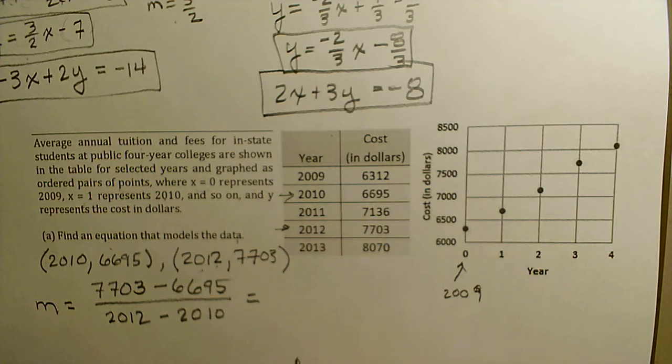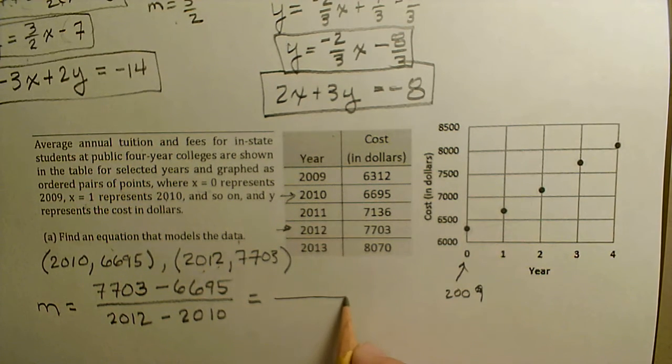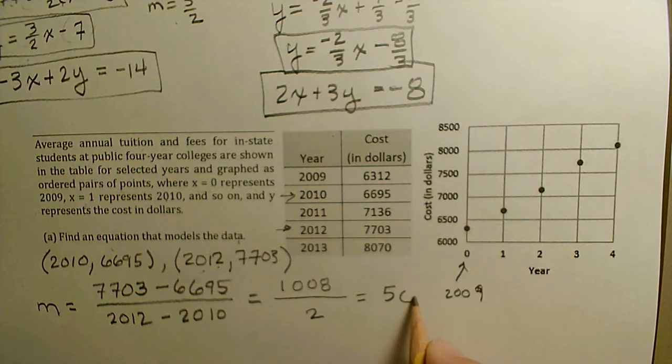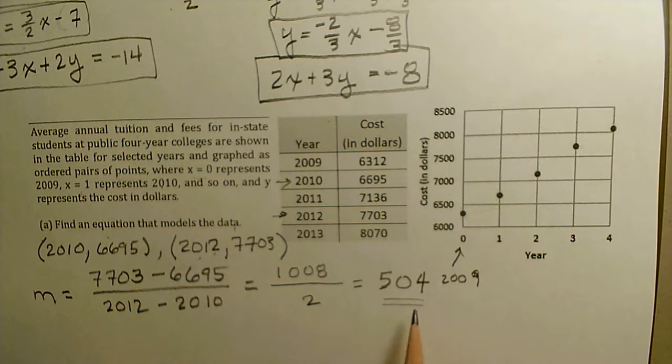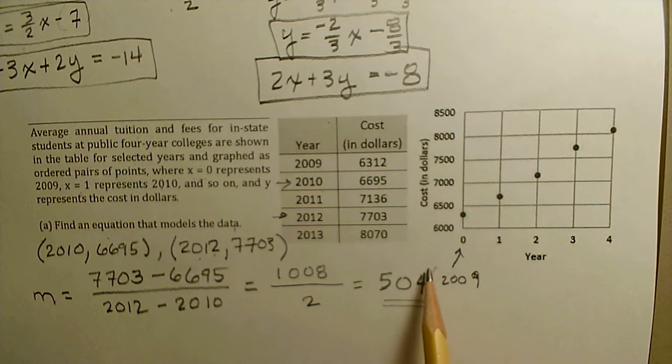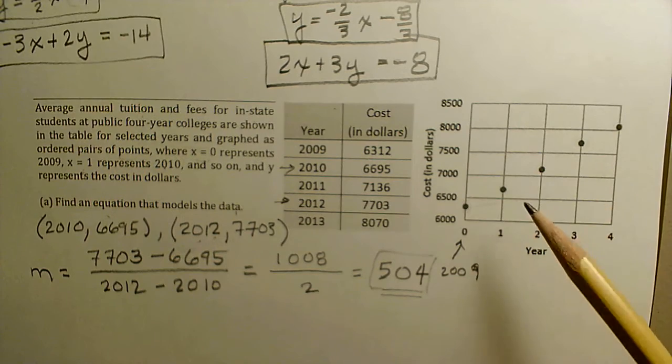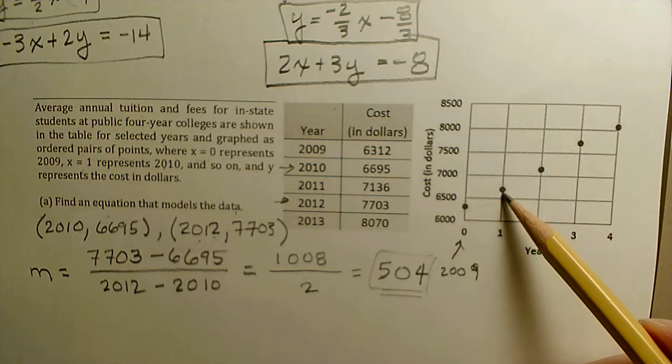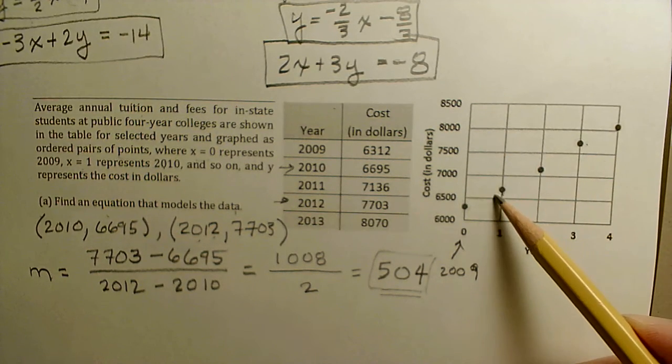When we subtract the top numbers, we end up with 1,008, and on the bottom, 2. And so we get a slope of about 504. Now, 504 is the slope of the line that I picked that goes through these 2 points.